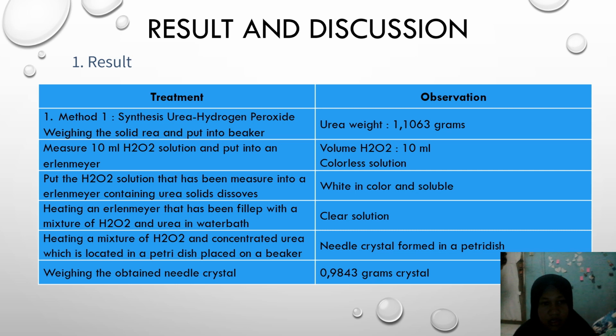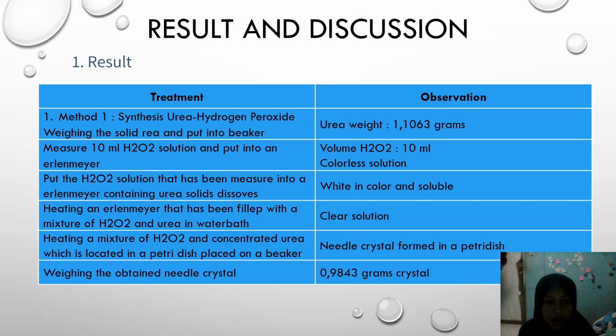Results and discussion. The first method: synthesis of urea hydrogen peroxide. Weigh the urea solid and put it into a beaker. The observation: urea weight 1.1053 grams. Measure 10 ml of H2O2 solution and put it into an Erlenmeyer.